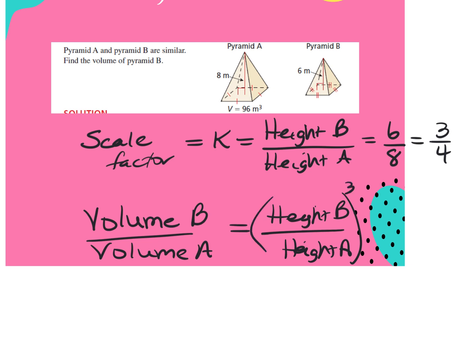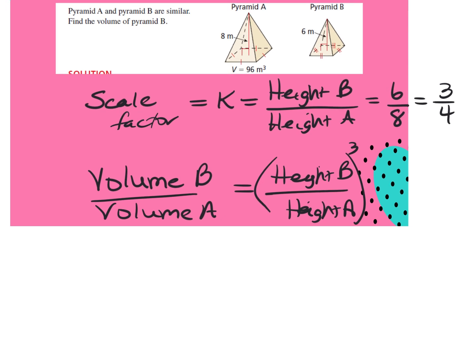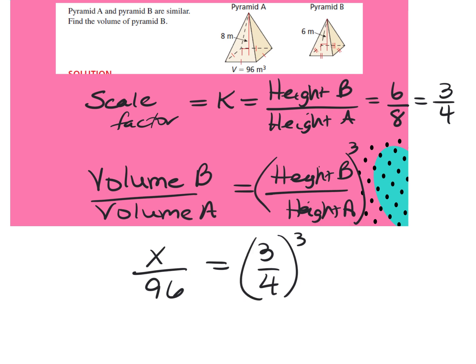Okay, so once you put that in there: volume of B, they didn't give me, that's going to be my variable, my unknown. A's volume was 96. The height of B was 6, and I actually reduced that to 3/4. But now I've got to cube that.